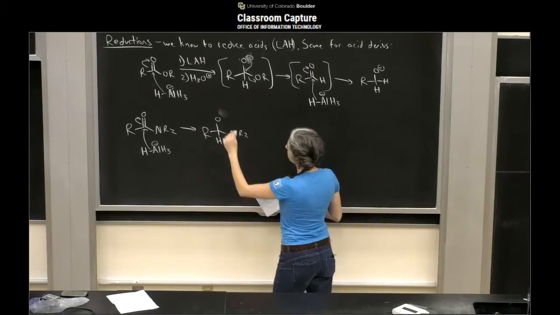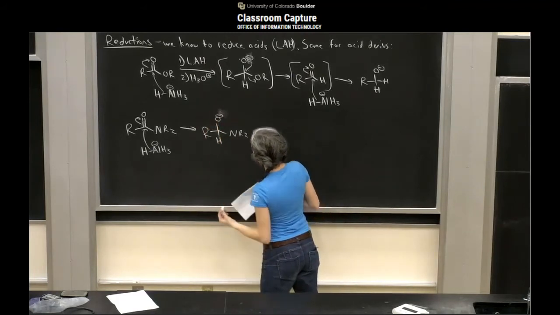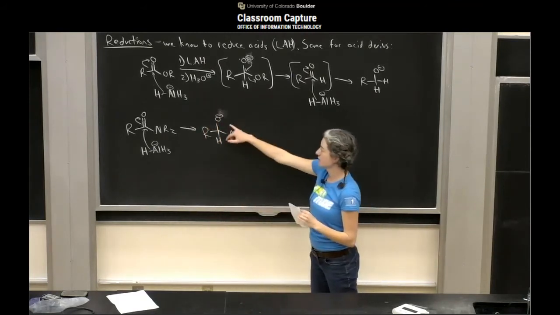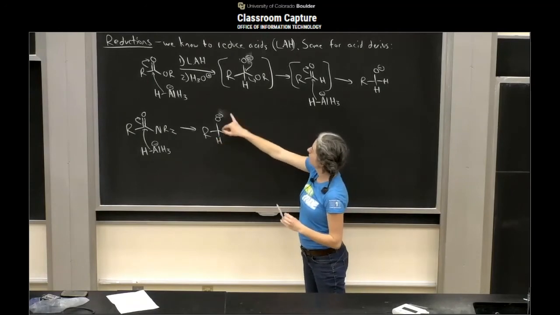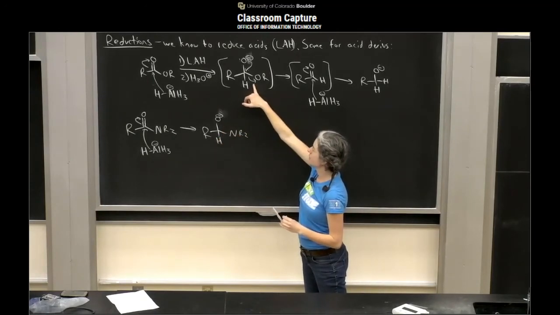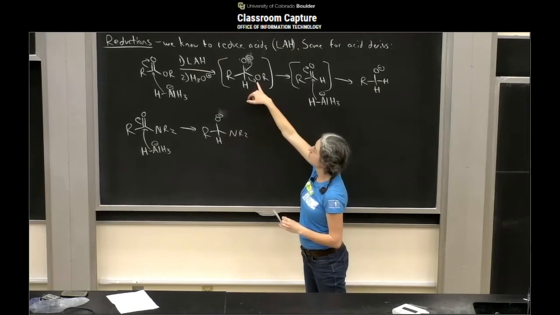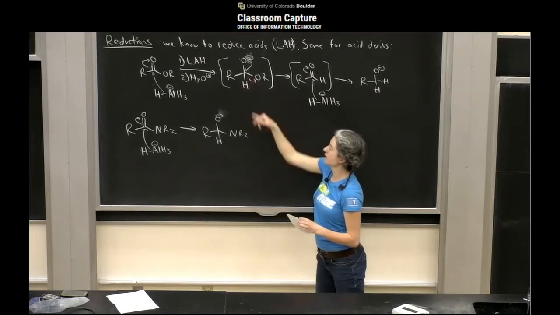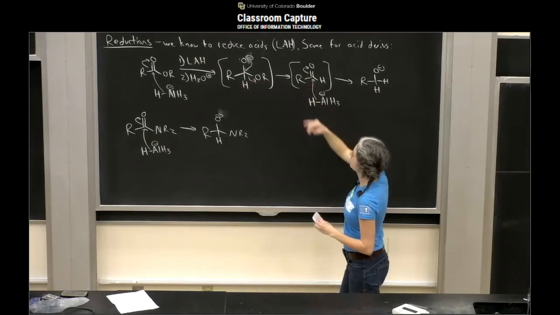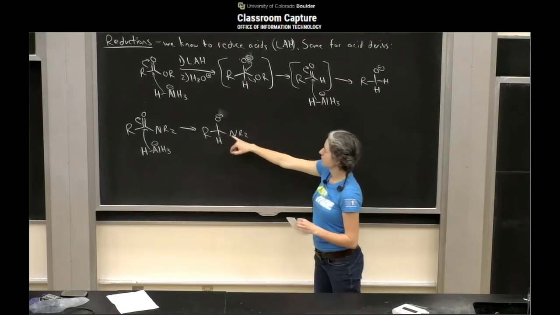Okay, so in this case, you actually end up having to make a choice of, do I kick out the oxygen or the nitrogen? Because here it was oxygen versus oxygen, and so it's reasonably close to equivalent.